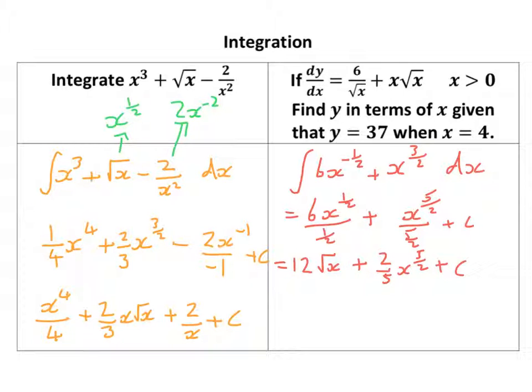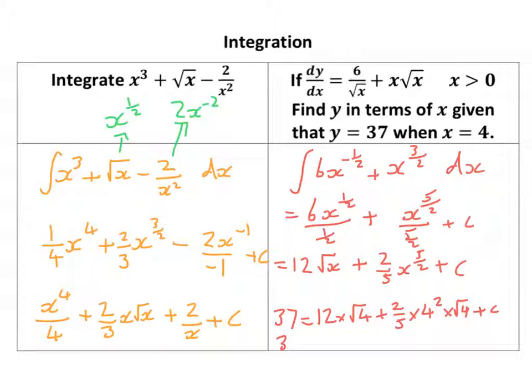Now it says find y in terms of x, given that y is 37 when x equals 4. So I know that 37 equals 12 times root 4 plus 2/5 x. Now that's x squared root x. Oops, what am I doing? I should be putting 4 in there, shouldn't I? So we go times 4 squared times root 4 plus c.